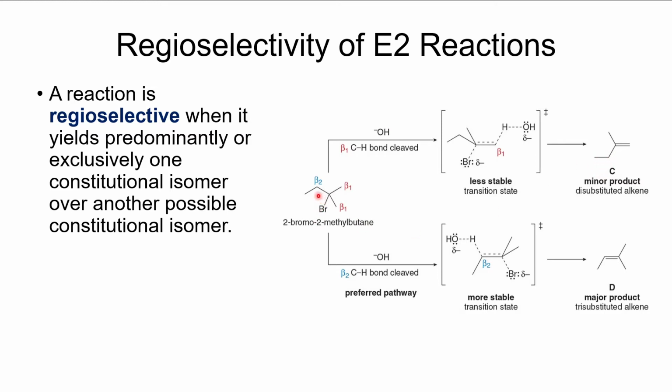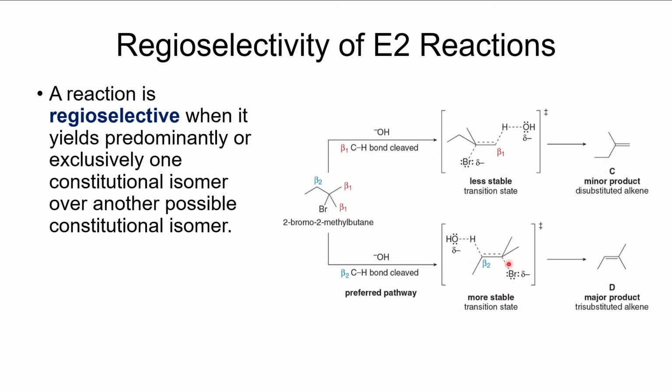When we eliminate across the carbon-2, carbon-3 bond, so between our alpha carbon and beta-2 here, we will end up getting a tri-substituted alkene. Because there is some double bond character in the transition state, that means that this top one is a less stable transition state and therefore higher in energy, and it's going to have a higher activation energy. As a consequence, we will get less of this product.